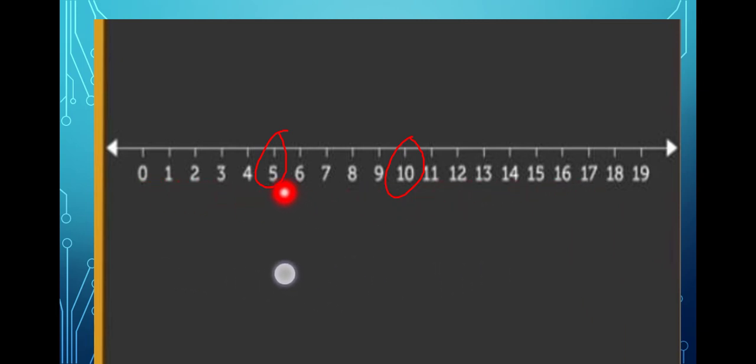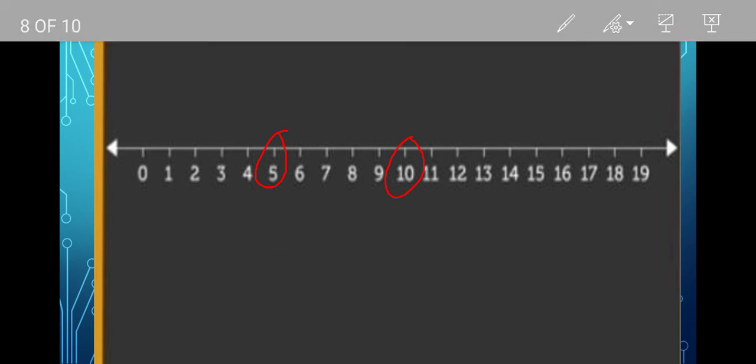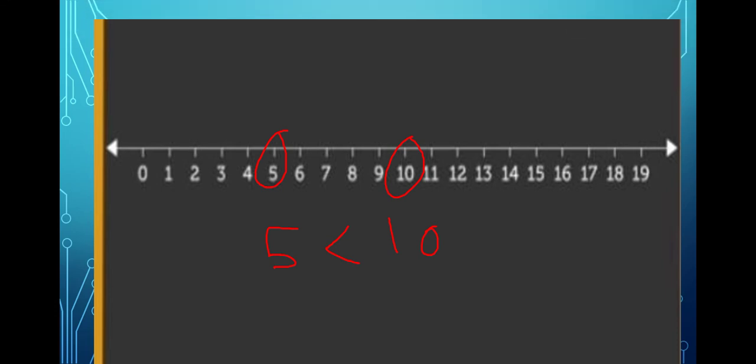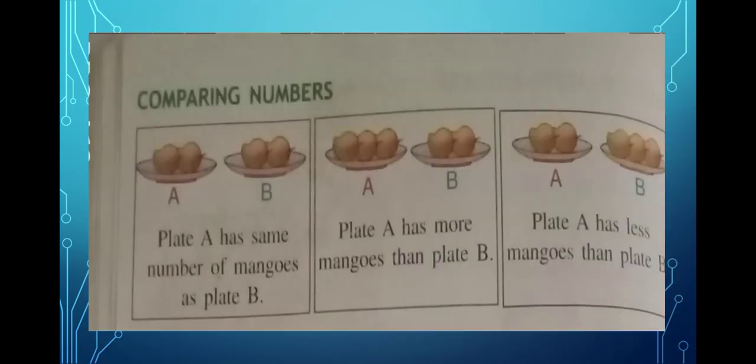And 5 is nearer to 0 or towards the left. So what is the conclusion? That means 5 is less than 10. Okay, children? Understood?